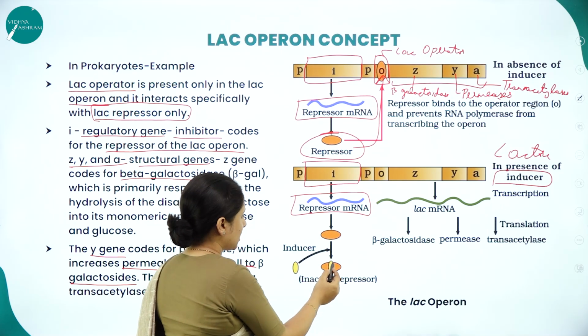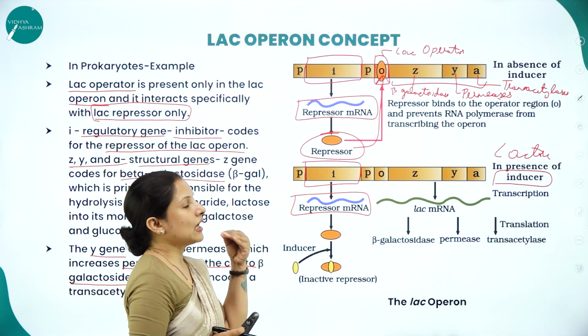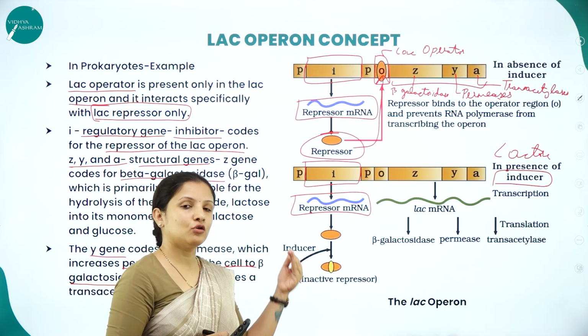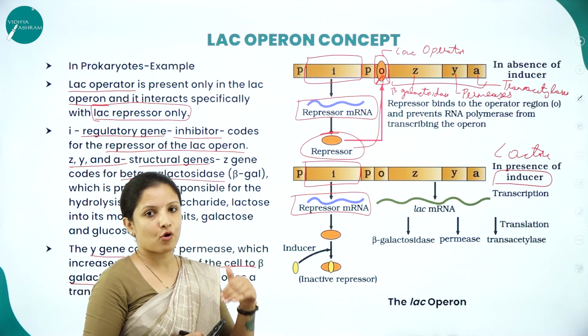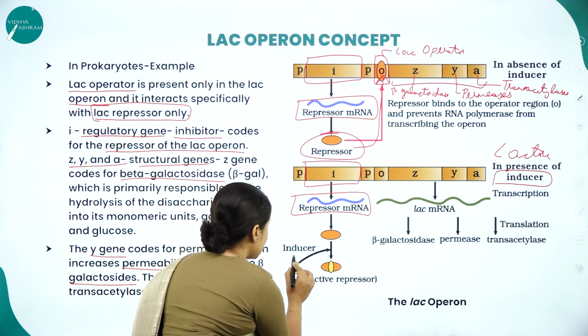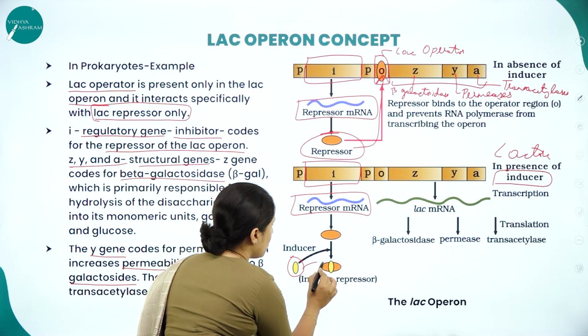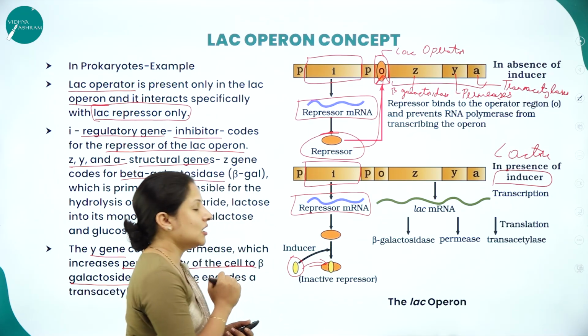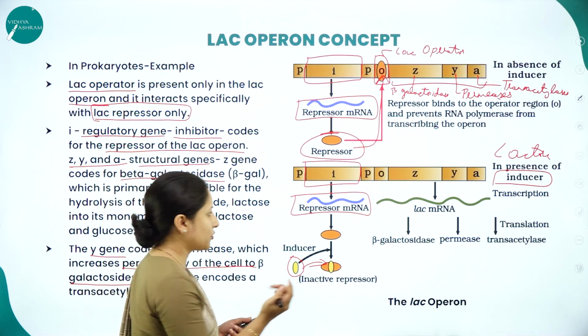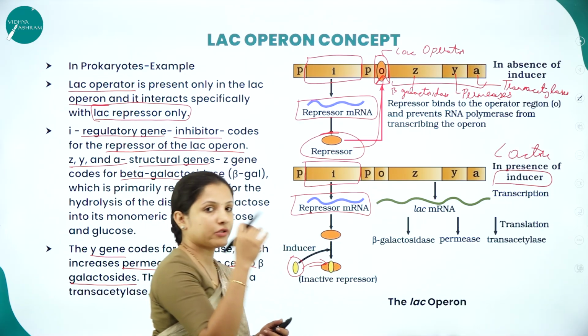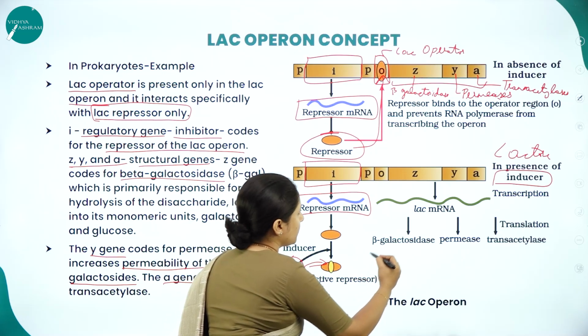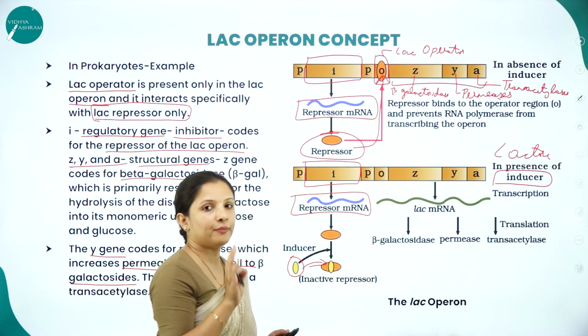That repressor protein now, because an inducer, that is lactose, is already present inside the body of the E. coli, that inducer will go and bind to the repressor protein. When it binds to the repressor protein, the repressor protein will become inactive and will not be able to bind to the operator region.